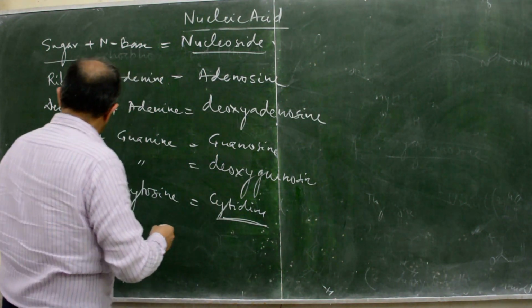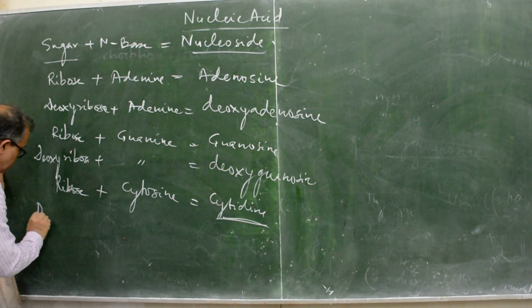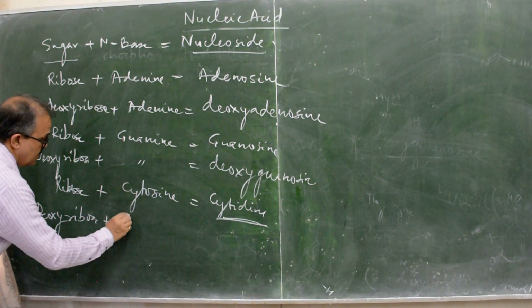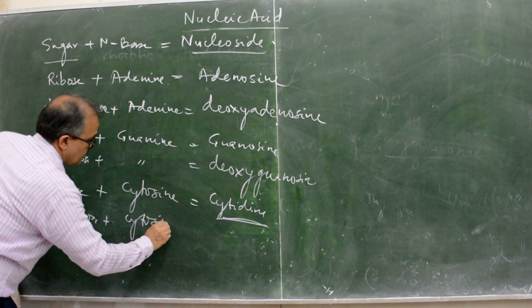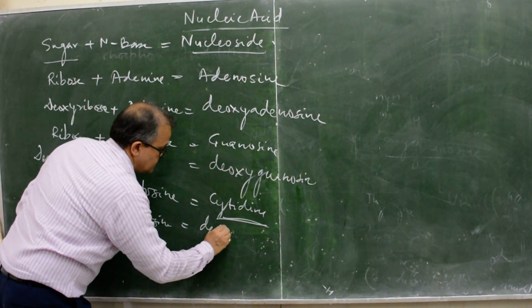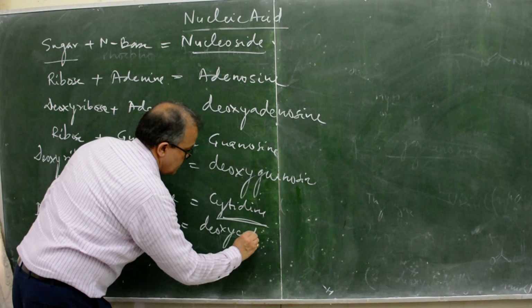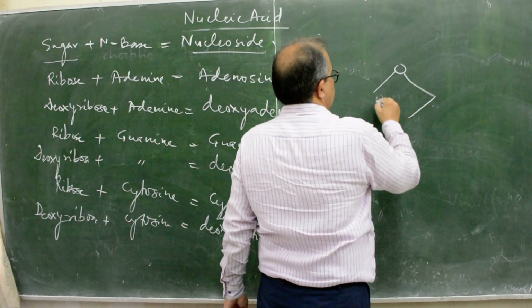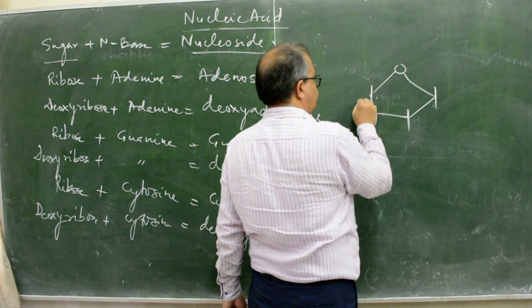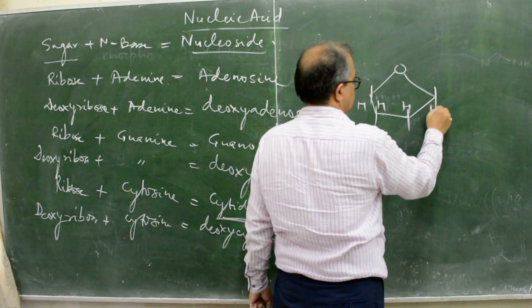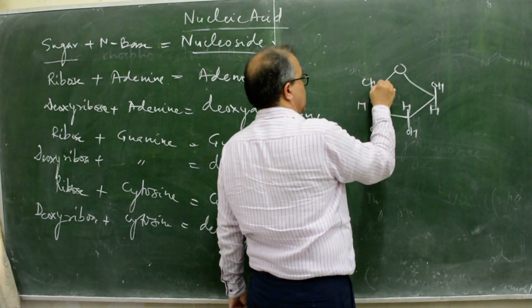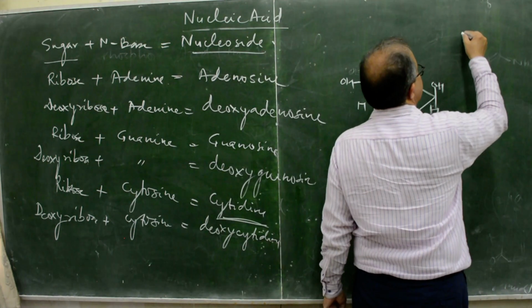So ribose and cytosine give cytidine, and deoxyribose plus cytosine gives deoxycytidine. This is the sugar. This is cytosine.